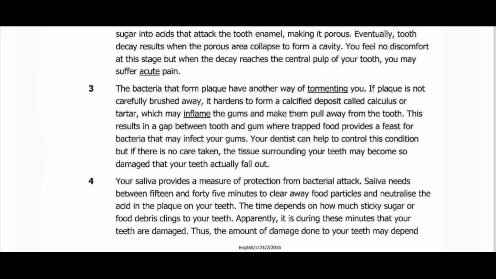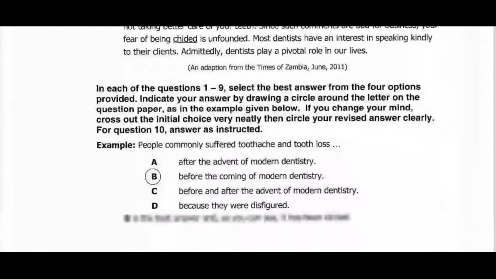This results in a gap between the tooth and gum where trapped food provides a feast for bacteria that may infect your gums. Your dentist can help you to control this condition, but if there is no care taken, the tissue surrounding your teeth may become so damaged that your teeth actually fall out. Okay, let's go back to the question.